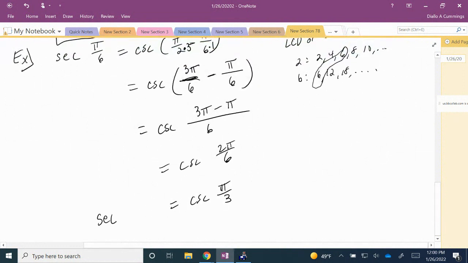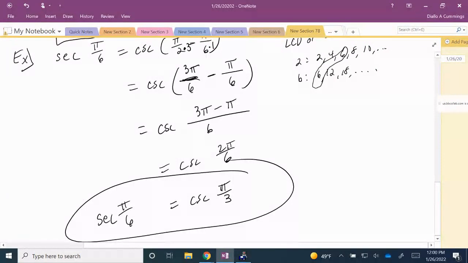So the secant of pi over 6 and the cosecant of pi over 3 are cofunctions. Now, to actually verify, you would enter the secant of pi over 6 in your calculator as 1 divided by the cosine of pi over 6. You would get a value.